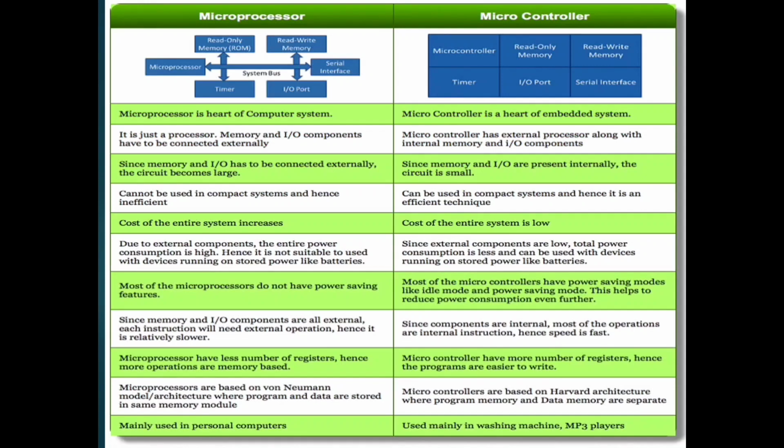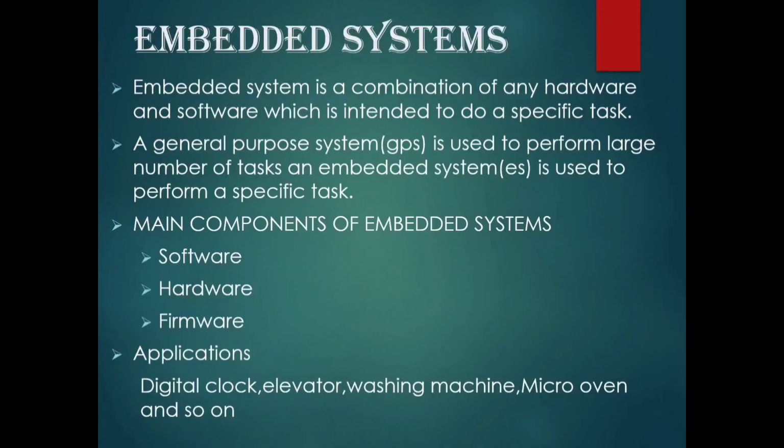Microcontrollers have more registers, hence programs are easier to write. Microprocessors are mainly used in personal computers only. Microcontrollers are used mainly in washing machines and MP3 players. So go to the next slide.